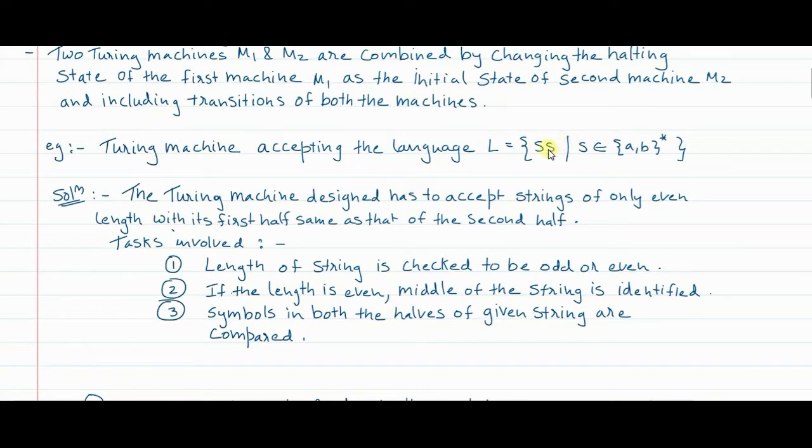The case where one is odd and the other even will not arise. Suppose S is 3, then 3 and 3 will be 6, which is even. Similarly, if S is 5, then 5 and 5 will be 10. So ultimately the end result here will be an even number.